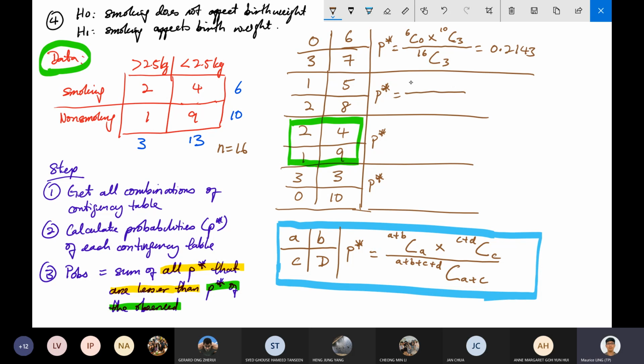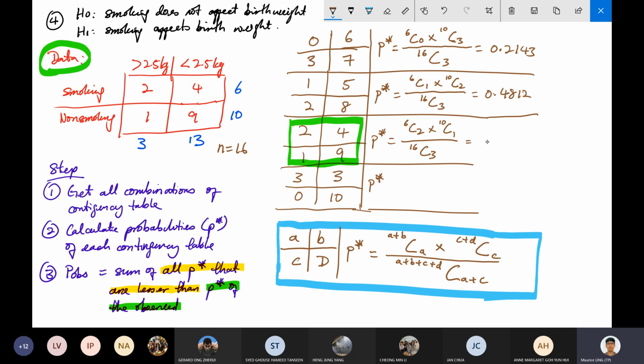This you redo again. Here is still 6C1 times 10C2, over 16C3. So this gives you 0.4812. You realize that the denominator is the same. Here is 6C2 times 10C1.